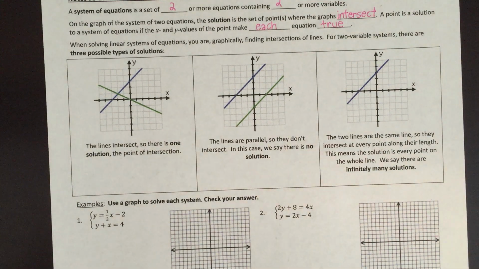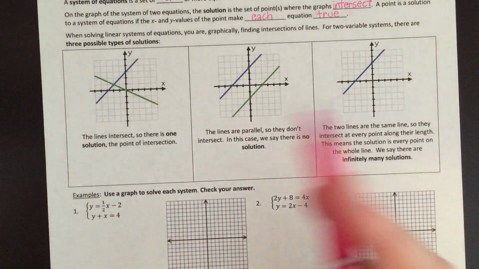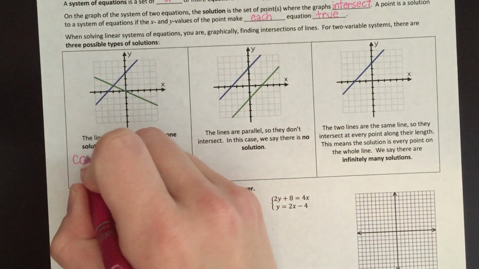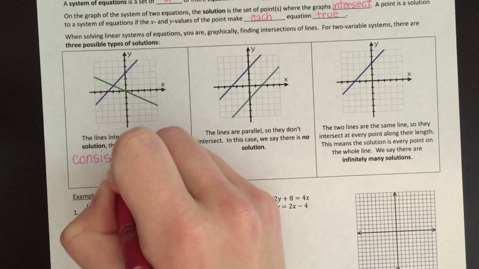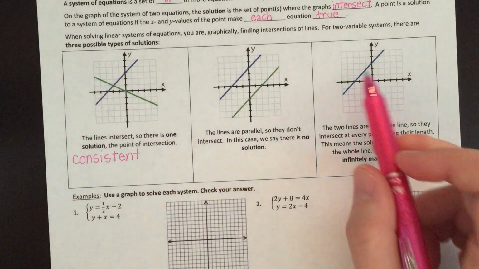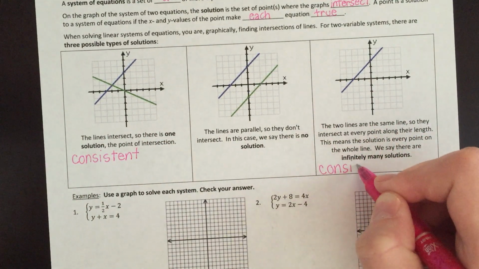Another thing that these solutions are classified as, some more fancy math words: if a system has at least one solution, we call this consistent. Consistent means there's at least one or more solutions. So both of these types would be consistent.